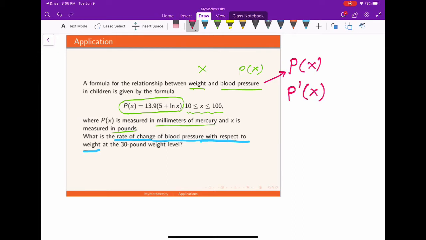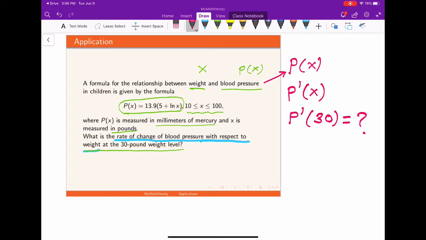But if you revisit this question, our goal is to find the rate of change of the blood pressure with respect to the weight at the 30-pound weight level. That means we need to figure out the derivative of P with respect to x at x equal to 30, or you can say we need to find P prime at 30. So this is the question you need to figure out.